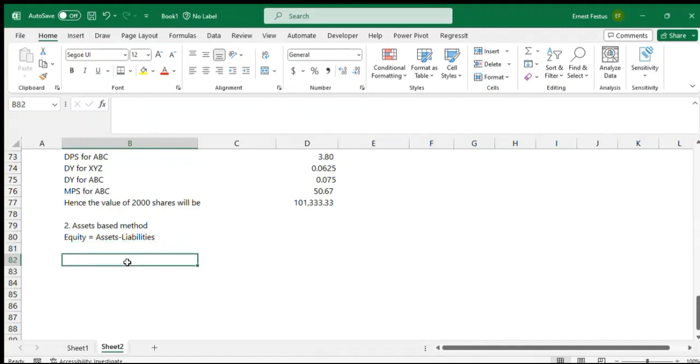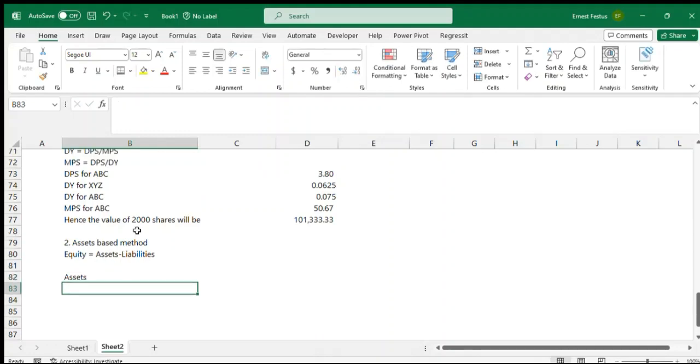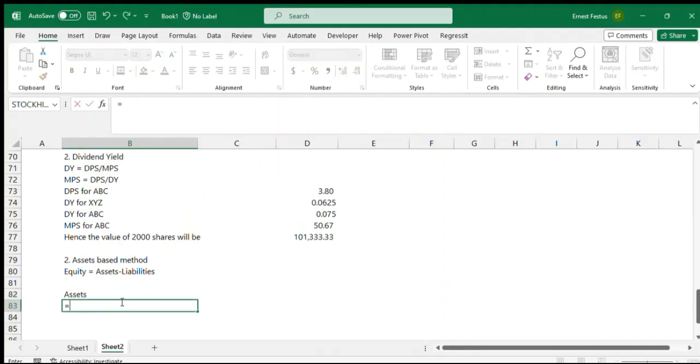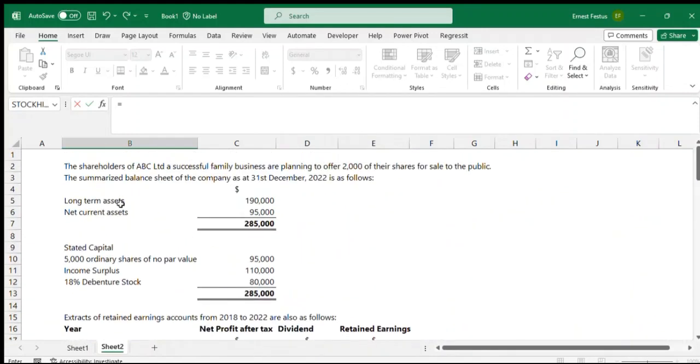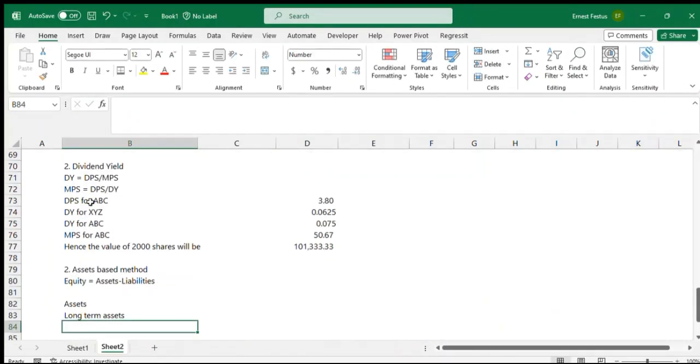So I'll come here and write assets, and I'm going to link them here. I'll go back to my question, and our assets are there. So I'll come here and link them, and then I can copy them, copy to the right, so that my values will come.